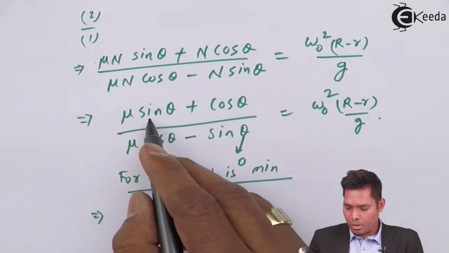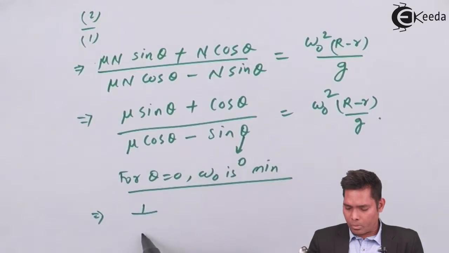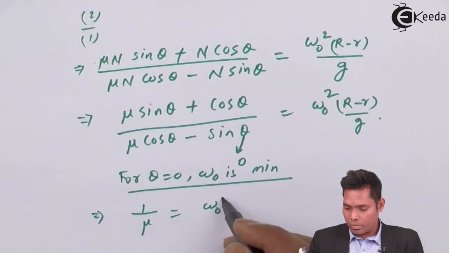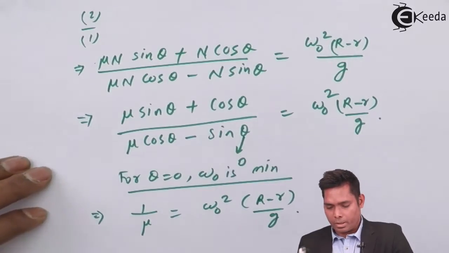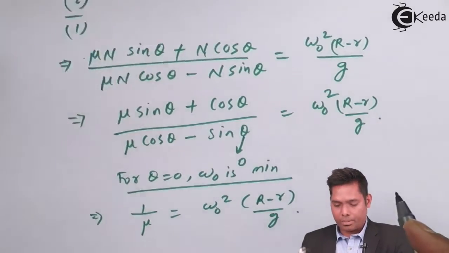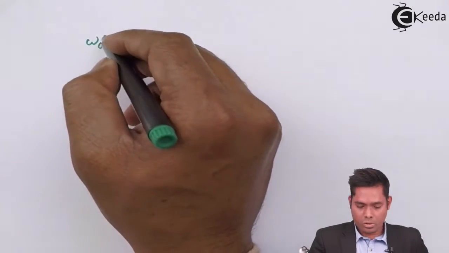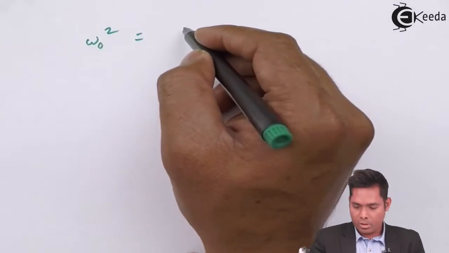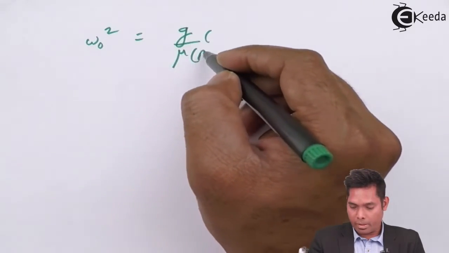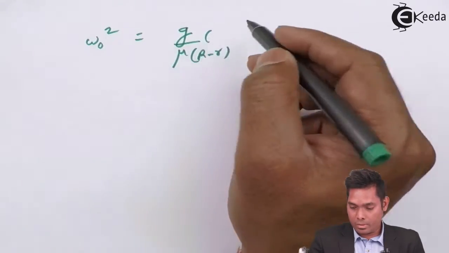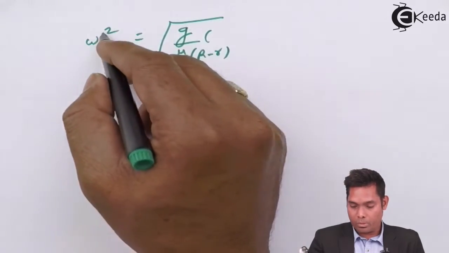Then this becomes 1 divided by mu equals omega naught square (R minus r) over g. So from here I will get the expression for omega naught square, which is g over mu divided by (R minus r), and take the root to get omega naught.